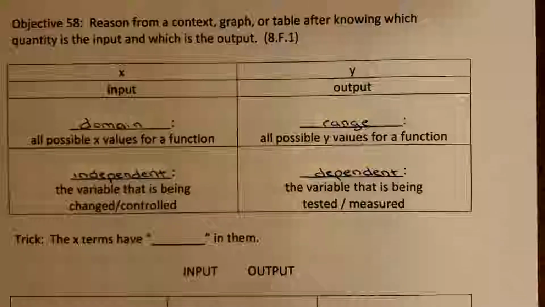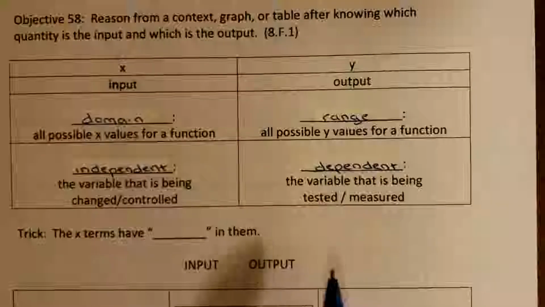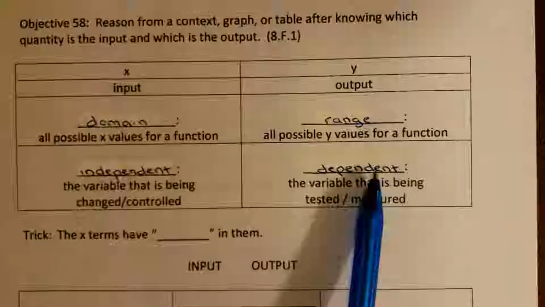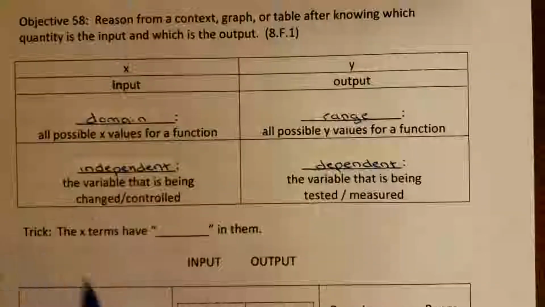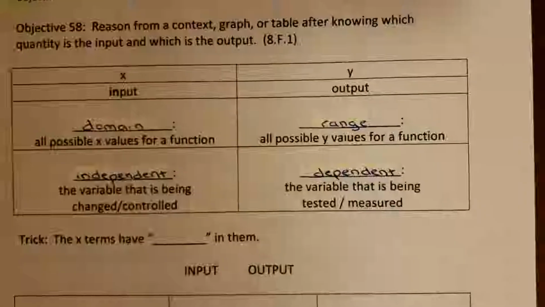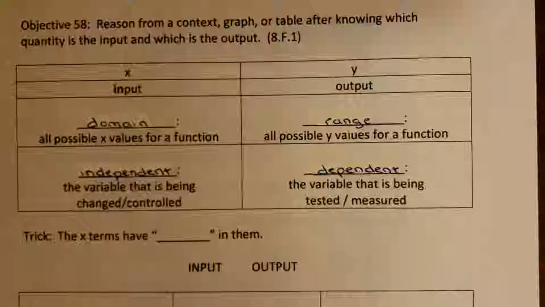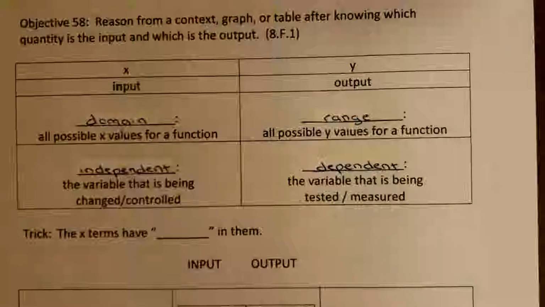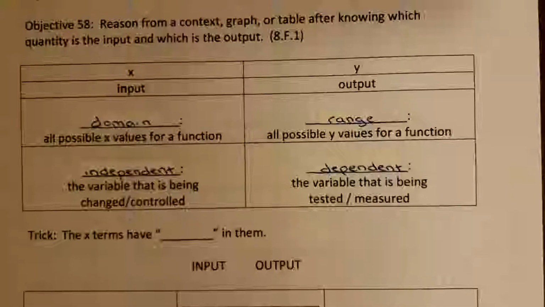So let's say, for example, you are measuring the temperature of water. That depends on what you are doing to the independent variable, the water. Are you boiling it? Are you freezing it? Whatever. The dependent variable is always dependent on something else.